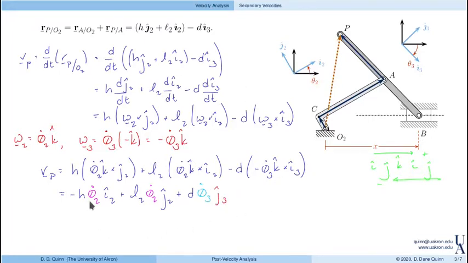So in order to determine the velocity, I need to do a position analysis to determine theta 3, and then a velocity analysis to find out both theta 2 dot and theta 3 dot. And this is kind of the way it goes. If we want to do these velocity problems, we have to solve for the configuration, and in particular, in this case, these directions. So we'll solve for the configuration with a position analysis.